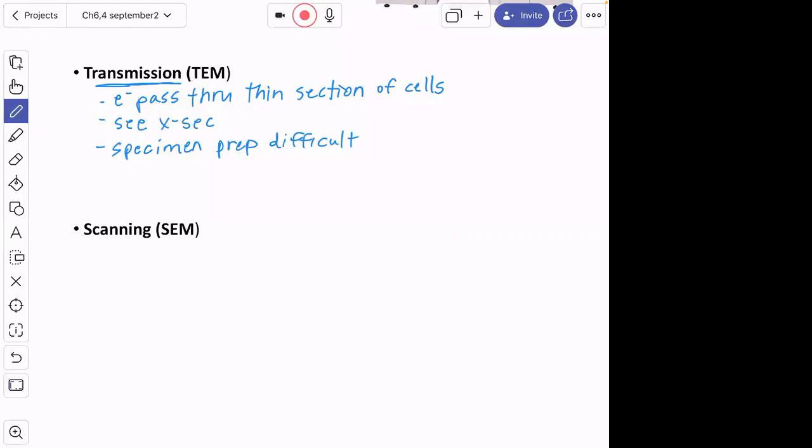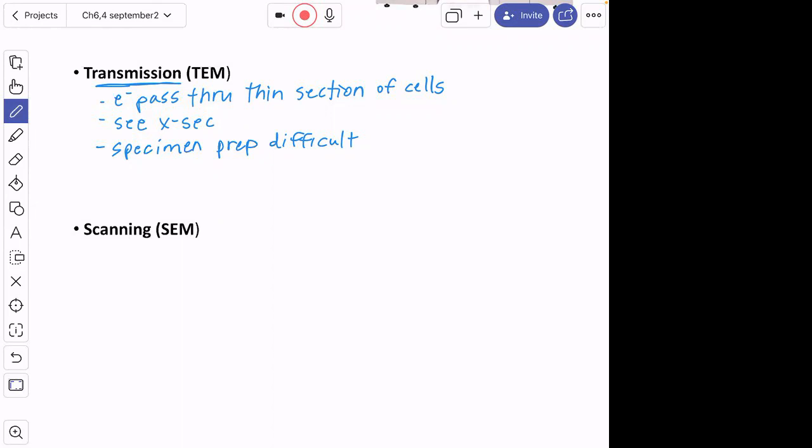You use something called an ultra microtome. So picture the deli that cuts the meat, only something that cuts much smaller. An ultra microtome can split red blood cells into 100 or 1,000 sections, 100 slices. So one cell in 100 slices, that's quite a bit. You have to slice it up, put it usually on a copper grid, and then of course you have to view it in a vacuum.